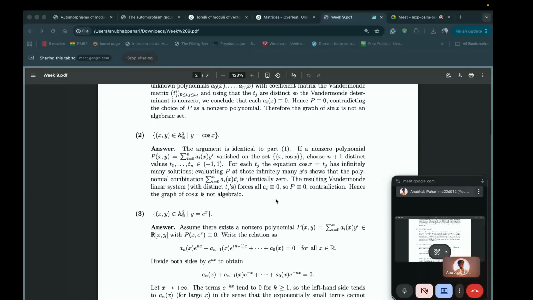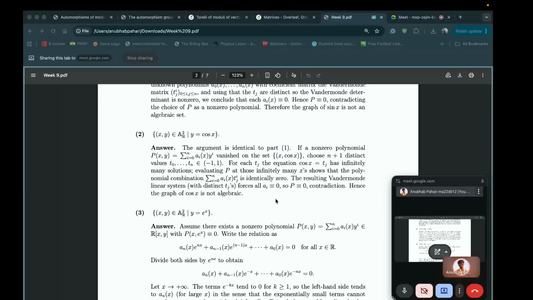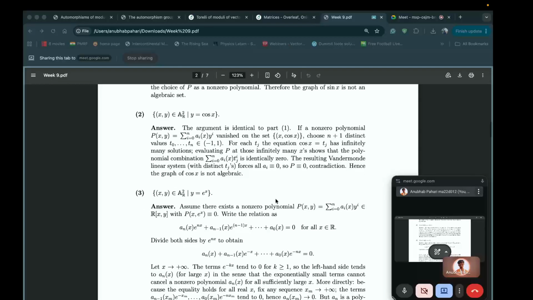Now for each t_j, the equation cos x equals t_j has infinitely many solutions. Evaluating p at those infinitely many x's shows that the polynomial combination sum of a_i(x) t_j^i is identically 0, and the resulting Vandermonde linear system forces all a_i equal to 0, so p equals 0, a contradiction. Hence the graph of cos x is not algebraic.